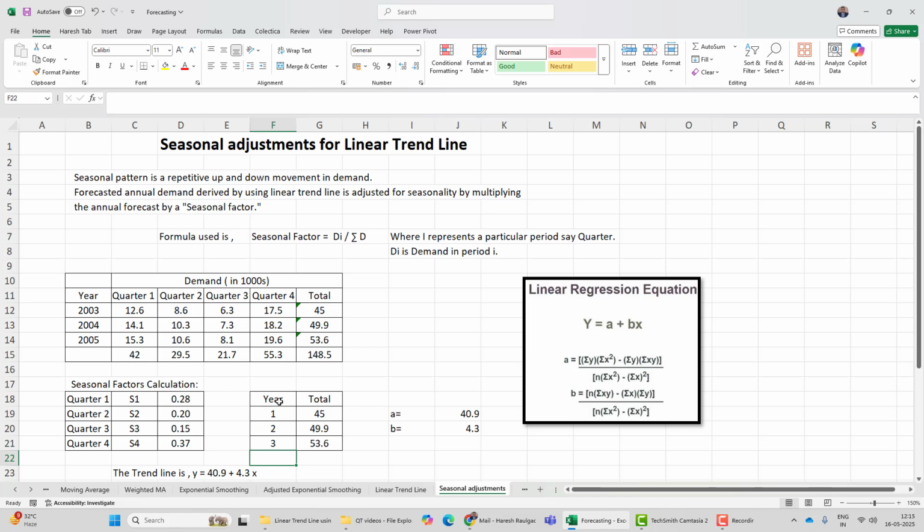This is our Y, and this is going to be our X. We create X into Y and X square columns, then do the calculations and totals and use them in this equation. I suggest you see the previous video, linear regression. Once you have done this, you establish A and B.